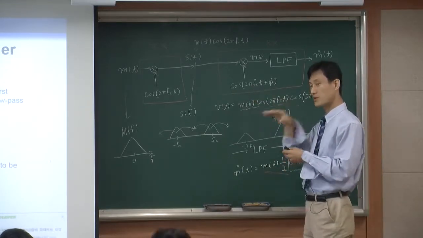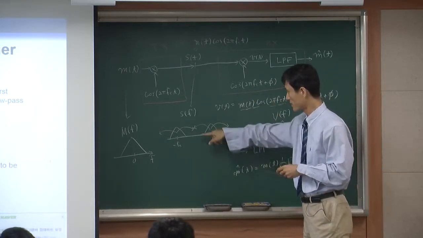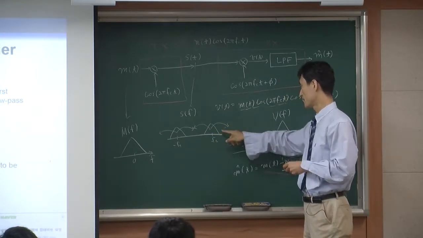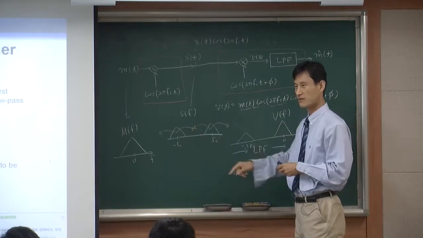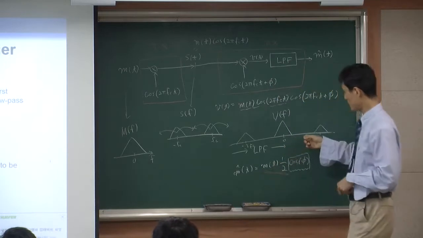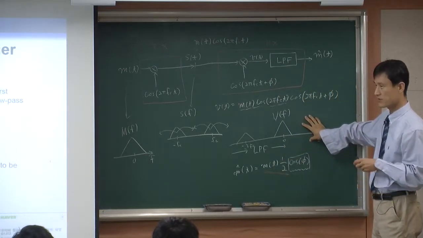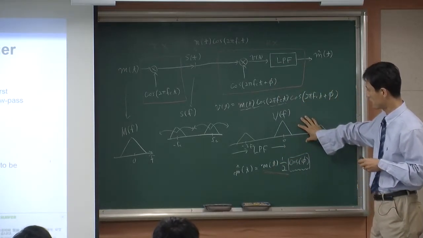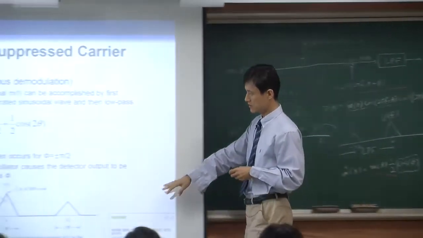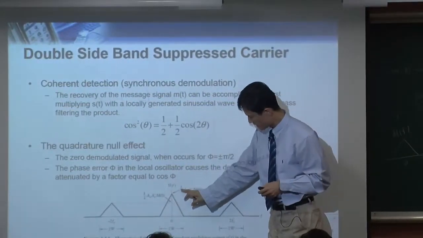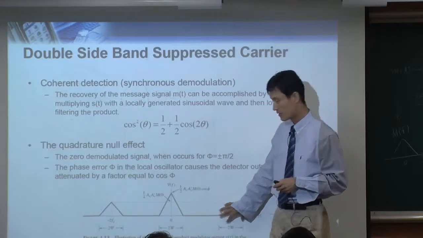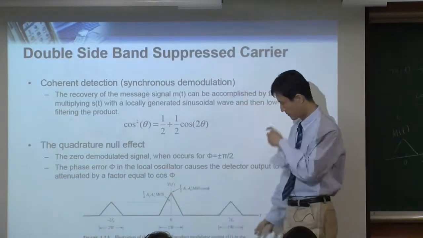Every time you multiply by cosine, this is what happens. Half of the energy moves to the right, the other half moves to the left. So that's why we have this kind of frequency response for v(t). Remember that this one is a half of this, this is a quarter, another quarter, and this is a half.